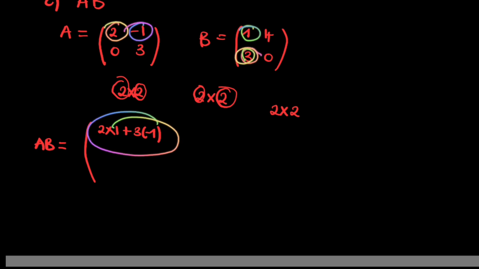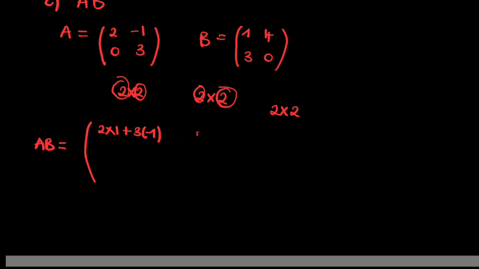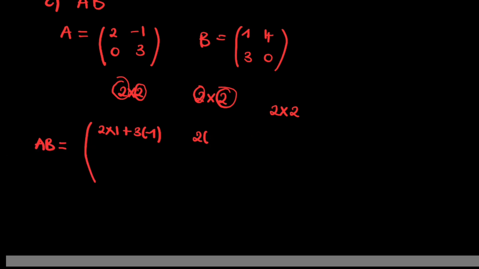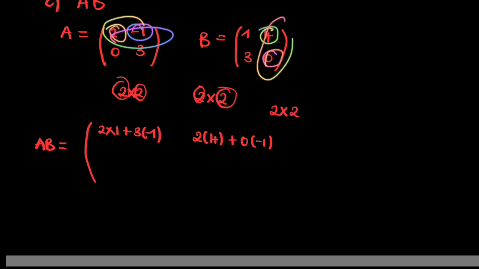That will give us the first element. Now we have 2 times 4 plus 0 times minus 1. So it's this times this plus this times this. So row by column.